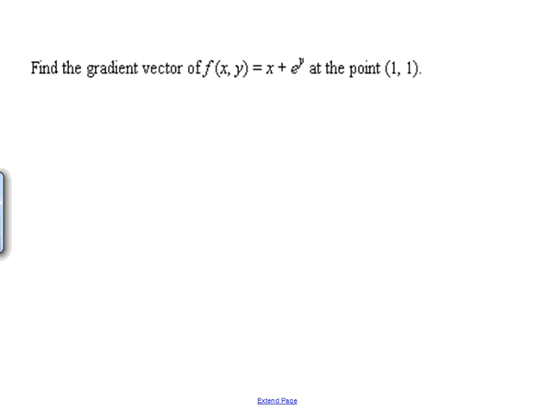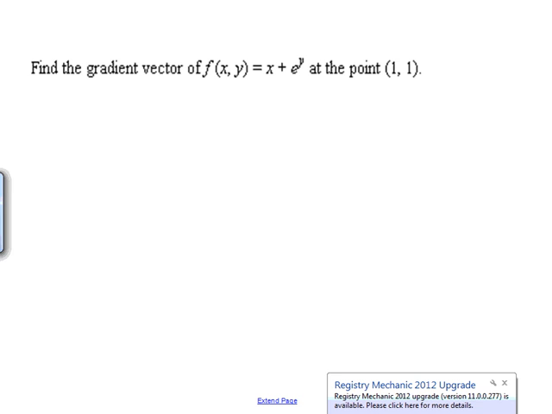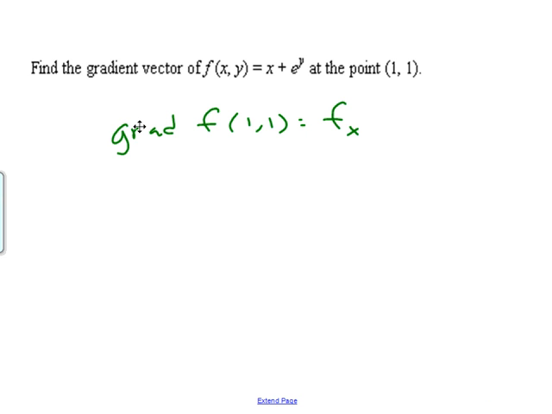Well, the gradient vector, we know, grad f at (1, 1) equals the partial derivative of f in the x direction at (1, 1) i, plus the partial derivative with respect to y at (1, 1) j. Well, let's find these values.